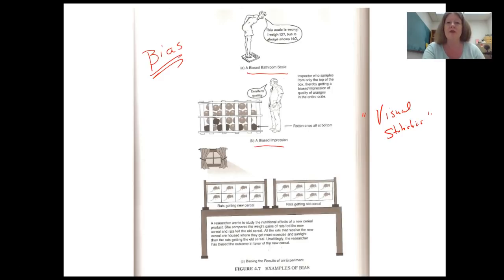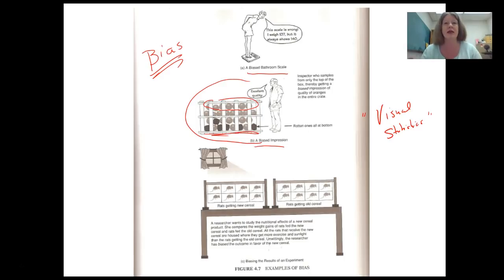Here's a biased impression. So think about a biased sampling method. So you purchase a crate of oranges and you want to take a sample of the oranges, or you're thinking about purchasing a crate of oranges and you want to take a sample of oranges from this crate to make sure that all of the oranges are good. Well, if you just look at the top, it's possible that all the best oranges are put up on the top and all the really bad ones have sunk down to the bottom.